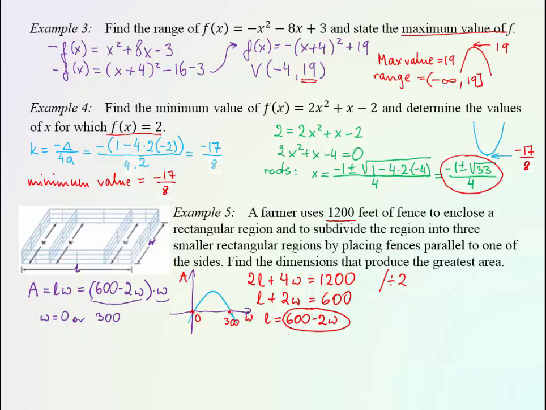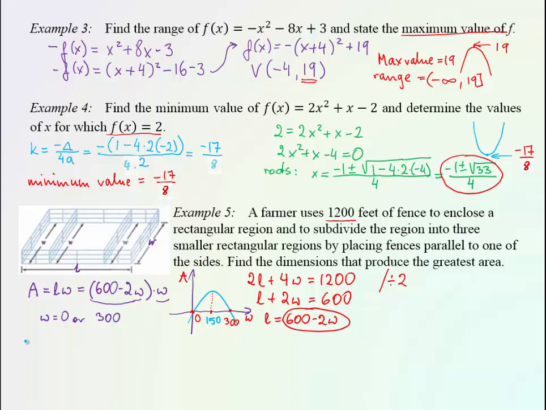So that would mean that the midpoint between 0 and 300, because of symmetry of parabola, is the point where we can expect to get the greatest area. So this midpoint is easy to calculate. It's an average of 0 and 300, which is 150. This is the W that produces the maximum area.